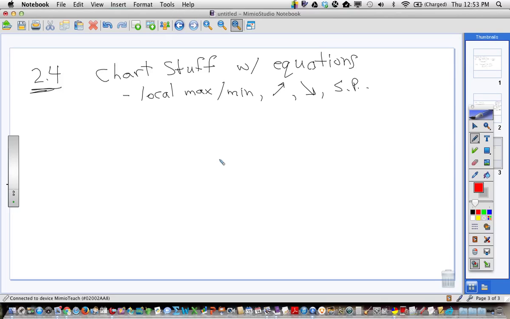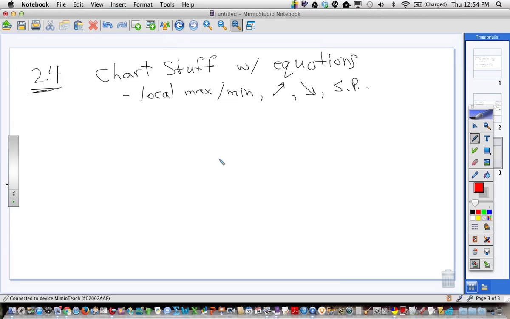Okay, I feel like I'm missing something here. Did the worksheet, did the limits. Okay, no, I think we're good. All right, so kind of a change of pace here then.